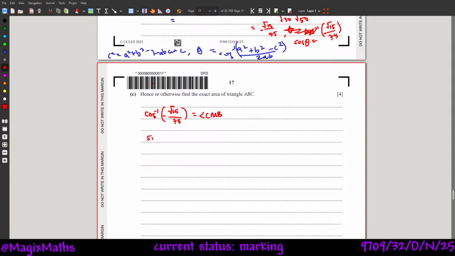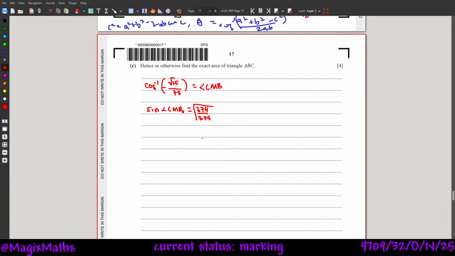This, and we sine CMB is equals to, so it's just area is equals to, and then we times 2.